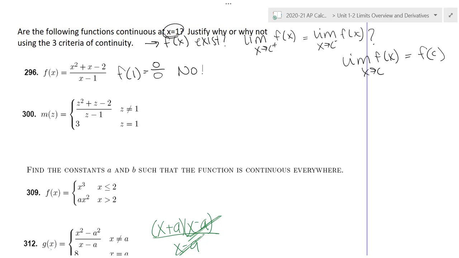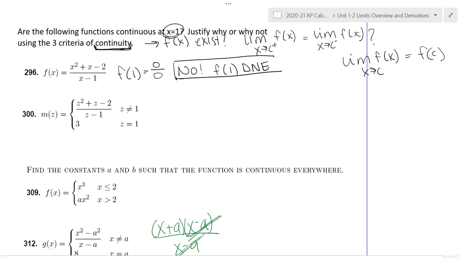There's an asymptote at 1. So we're just going to say no and move on. So even if I were able to find a limit, I'm asking about continuity. So I'm going to say f of 1 does not exist. So it is not continuous. I cannot go any further or prove continuity here.